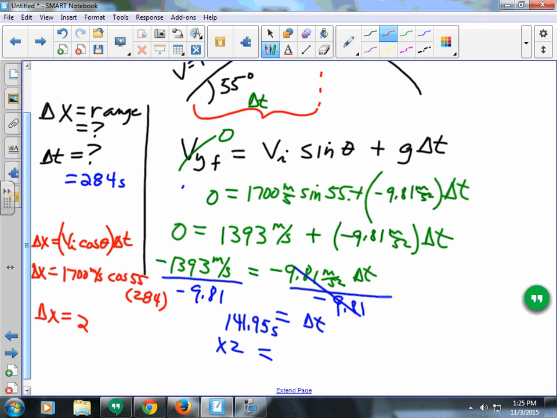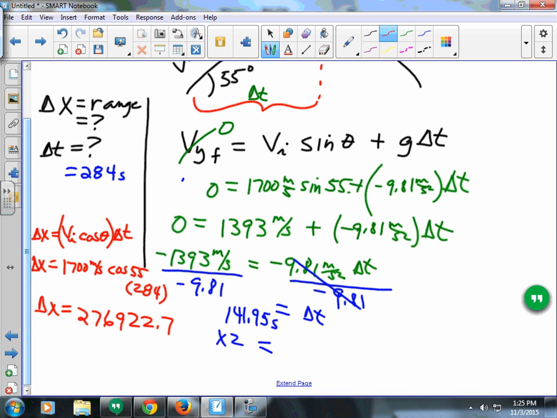All right, y'all, I get 27,692.7. Dang. Well, it's a bullet moving at 1,700 meters per second. You have a point. Okay, we got 3 sig figs. What are we gonna round that to?